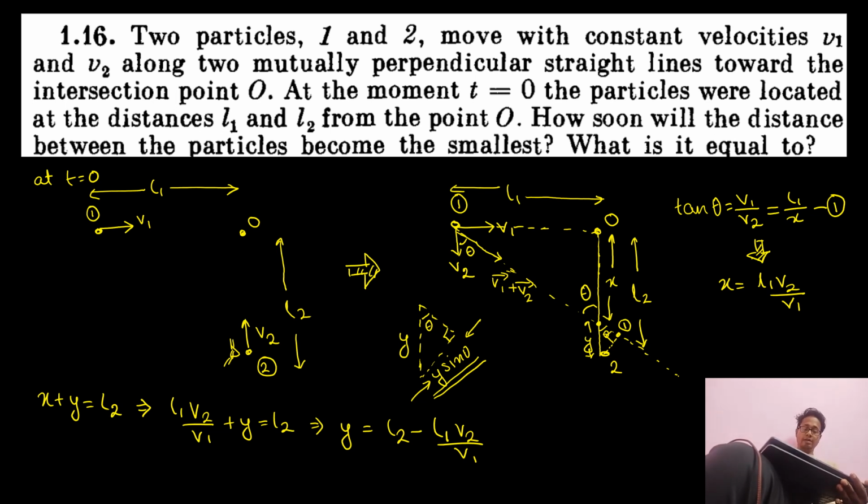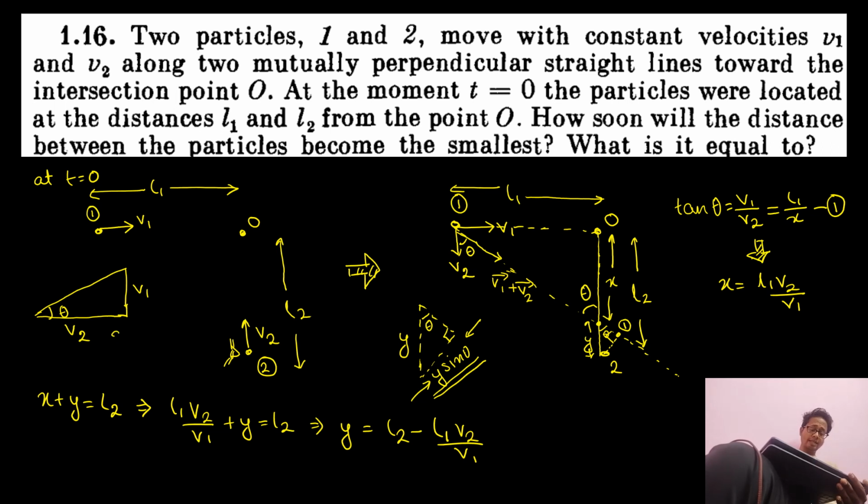Now what else do I need to do? I need to find out the value of sine theta. From this triangle, tan theta is equal to V1 by V2. So suppose there is a triangle with angle theta. Tan theta is equal to V1 by V2, or perpendicular by base is equal to V1 by V2.